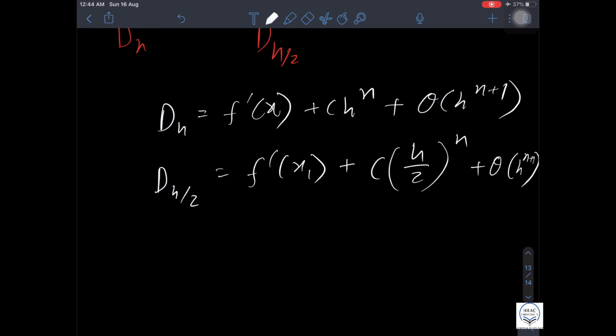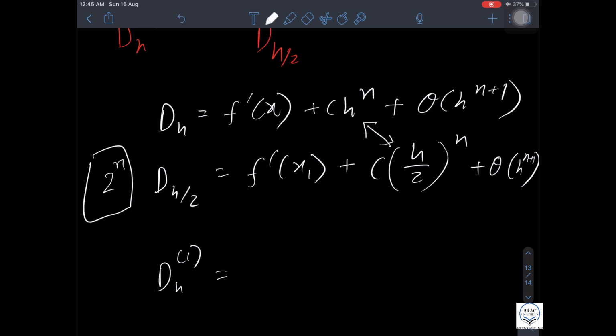Okay, now what will be the combination? Now you can easily see that the combination will be, you have to cancel these two terms, right? So if you want to cancel these two terms, your d_h^1 will be, you have to multiply this by 2 to the power n, correct?